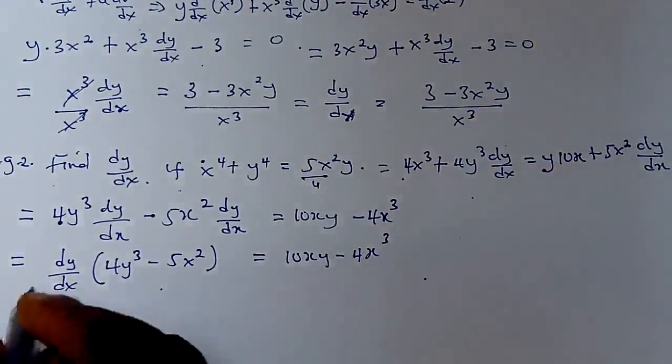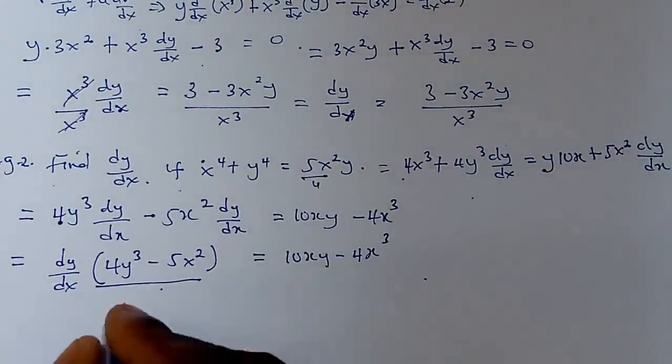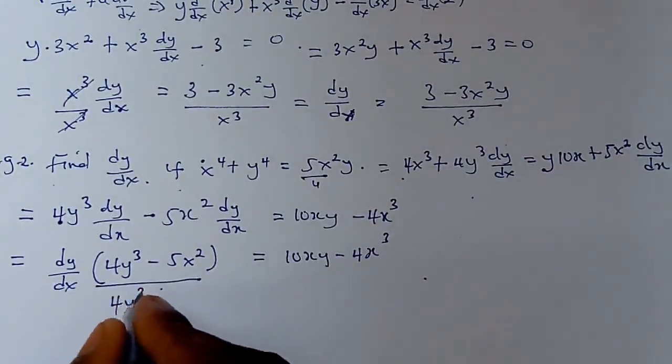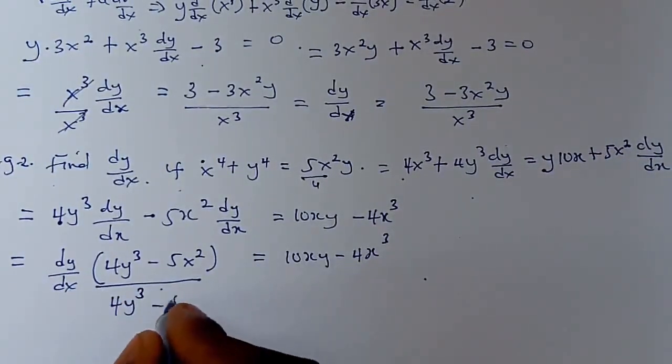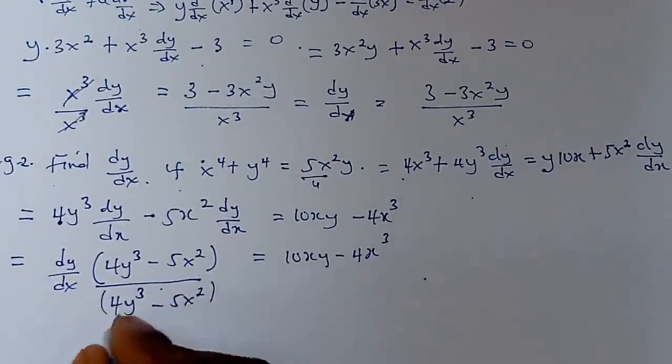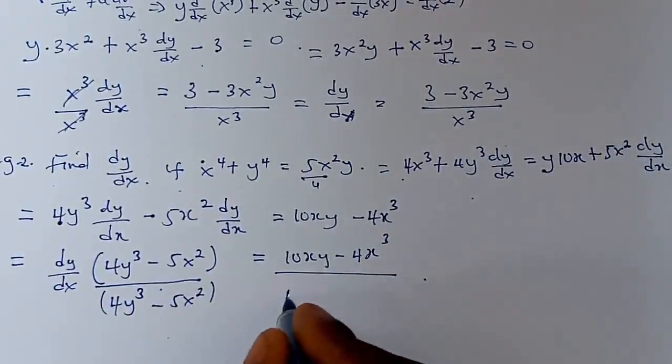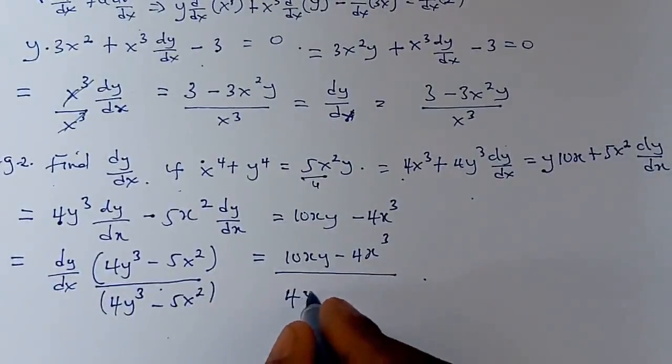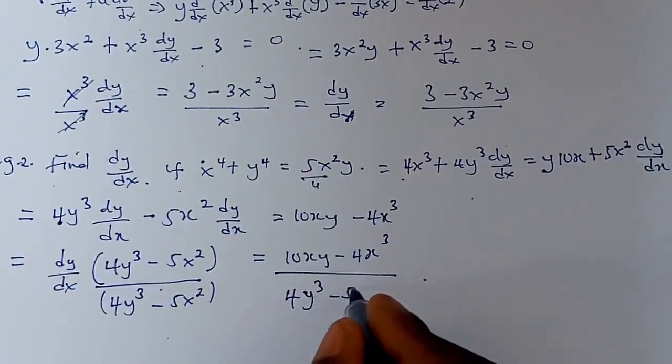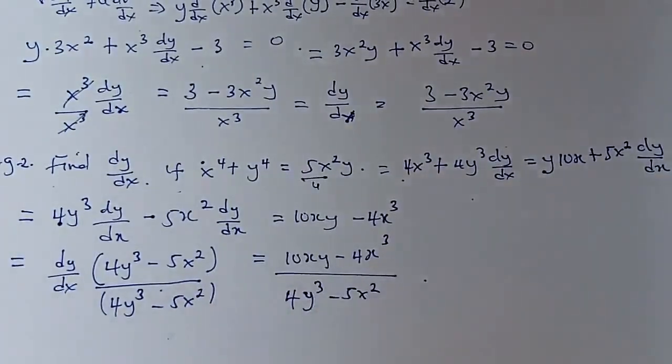And then we want to divide, so we divide the whole of this one by 4y raised to the power 3 minus 5x to the power 2, like this. And then we divide this one too by 4y raised to the power 3 minus 5x to the power 2, like this.